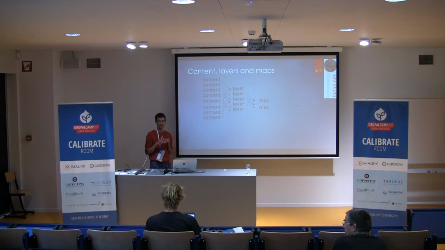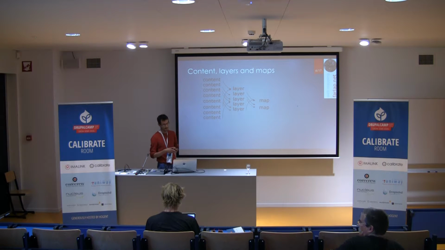So for example, I could make a layer cities, showing all cities that I make. So you can have different layers that are based on different content, but also one layer can contain information of several content together. It just depends on your query. And then you can define a map by combining several layers.